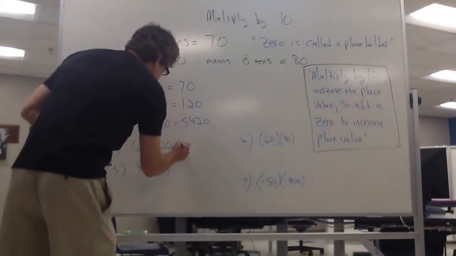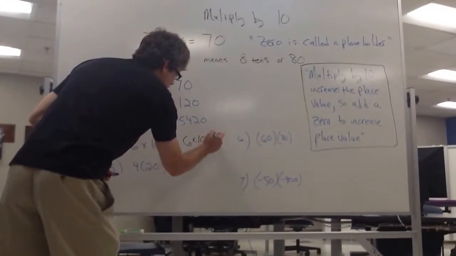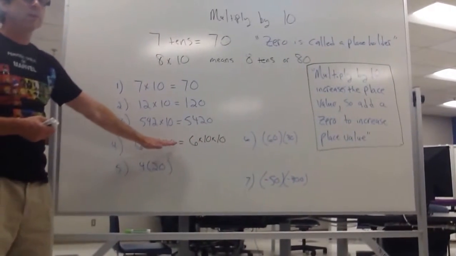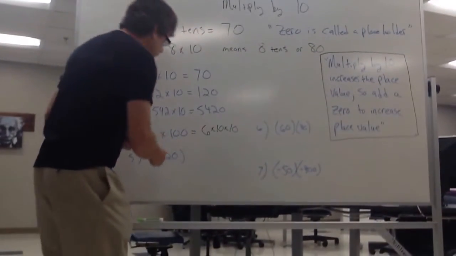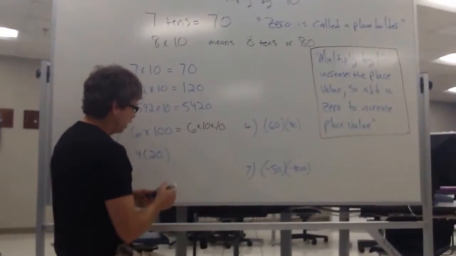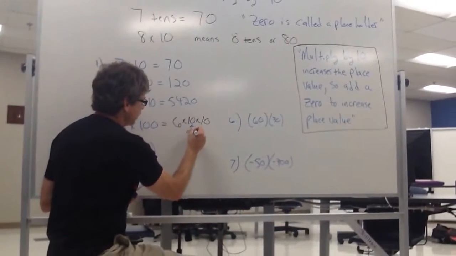Now, if I look at example number 4, multiplying by 100. Another way to look at this is I can say this is 6 times 10 times 10. Now, granted, most of y'all know 6 times 100 is already 600. But another way to look at this is 100 is made up of multiplying by 10s. And multiplying by 10, what you should equate that to is adding a zero.